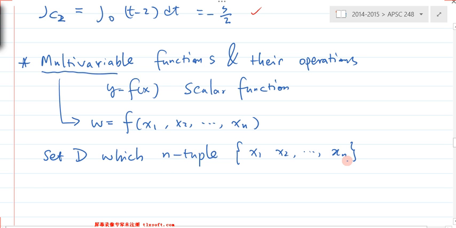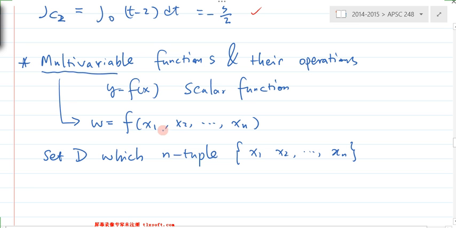And w happens to be a function of this n-tuple. It's not rigorous, but that's basically how a multivariable function is defined.